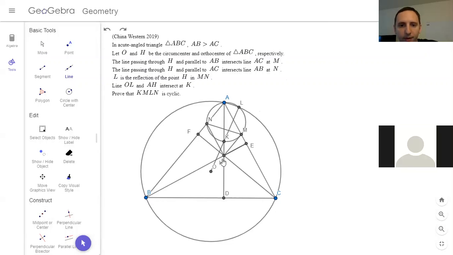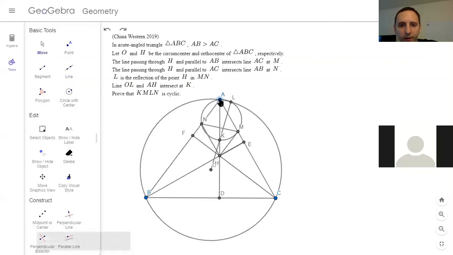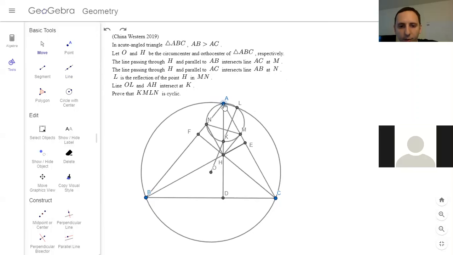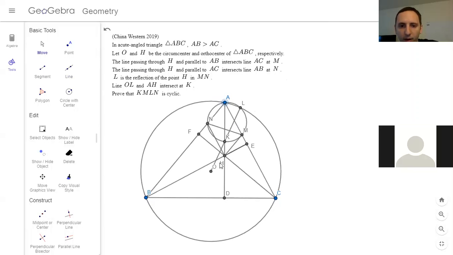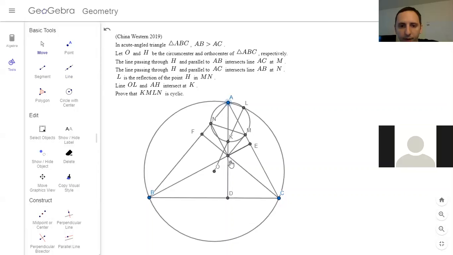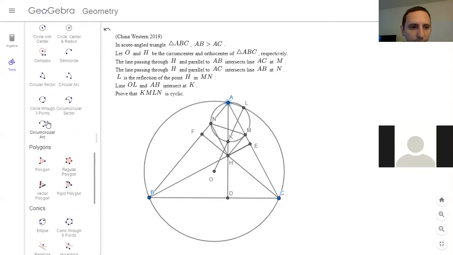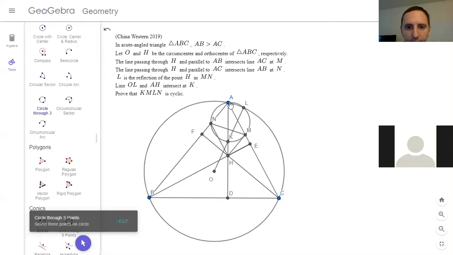So the picture makes it look like O, H and M are collinear, but that's not true in general. But obviously, O, H and N are not collinear, so yeah. All right, I think we have, so yeah, so I can prove that ALEF is cyclic, ALEF and H are cyclic.